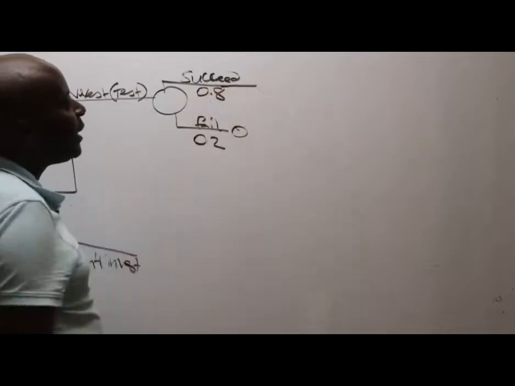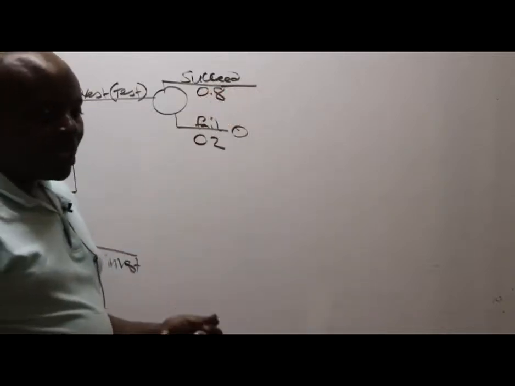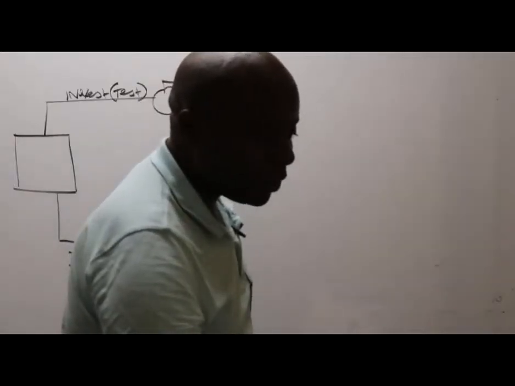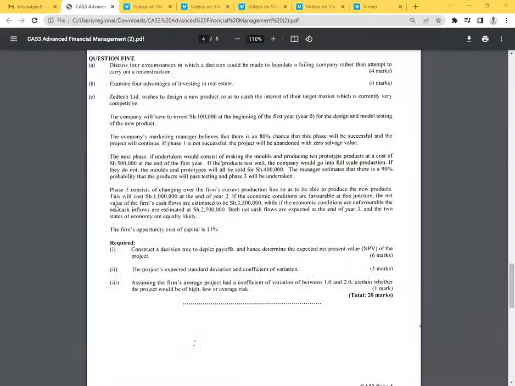Now, if we succeed, what have they told us? Look at this. The next phase, if undertaken now, would consist of making the molds and producing 10 prototype products at a cost of 500,000 at the end of the first year.